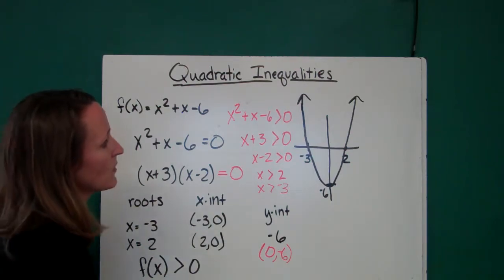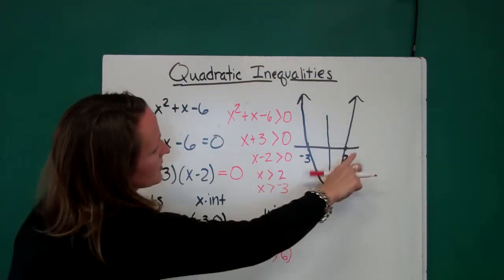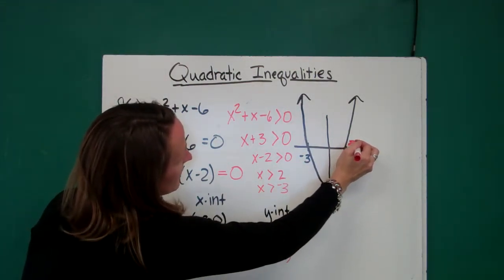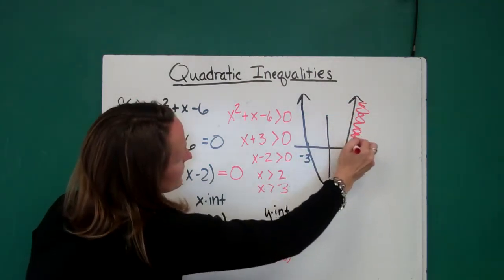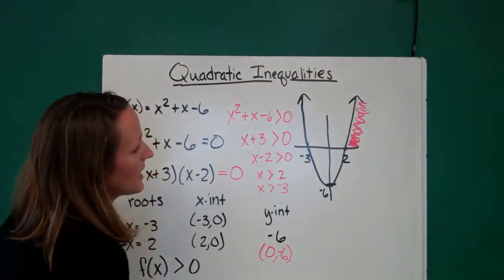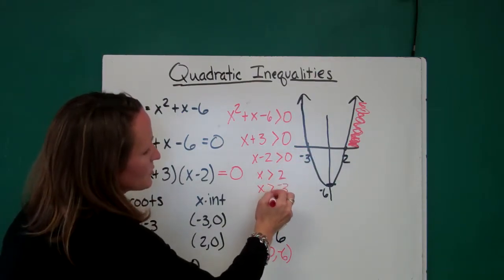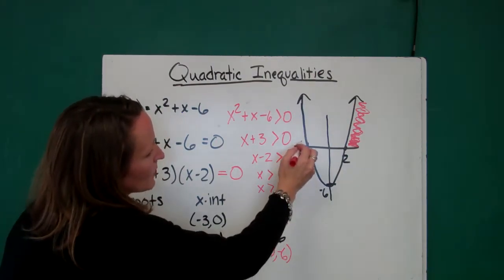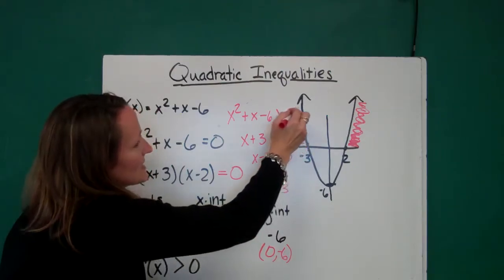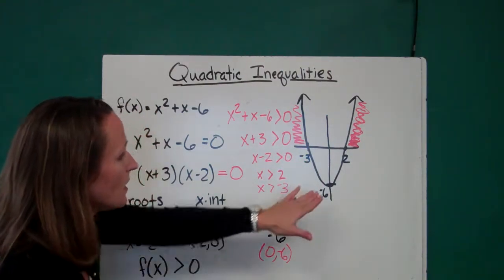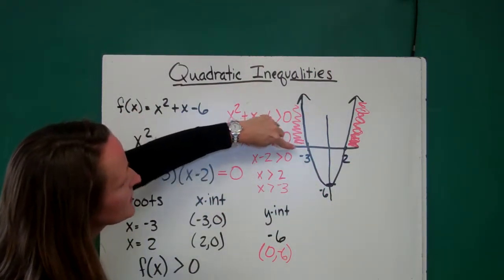And so really, you're going to find out that you can shade over here. Although this is greater than, we really need values that work out over here at less than negative 3. Even though this is greater than, we need values here.